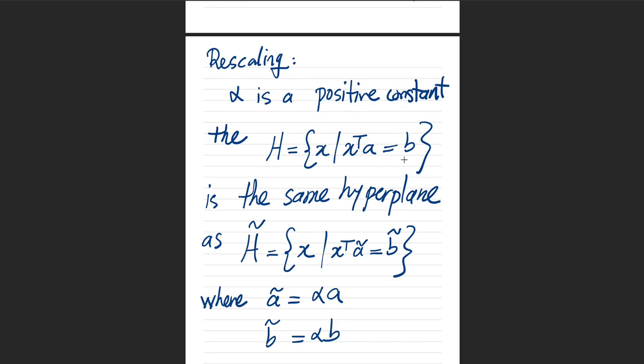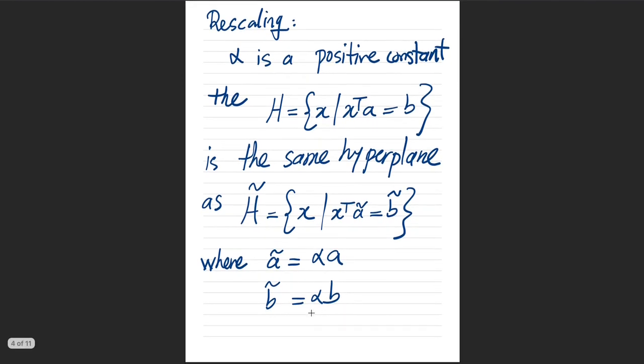Now, if this is one of the hyperplanes we are considering, if we just multiply A with alpha and B with alpha, we still have the same hyperplane, because we are multiplying both sides with alpha, so nothing is essentially changing. So there is this scaling flexibility, where there are pairs of A and B that give the same hyperplane. Okay.